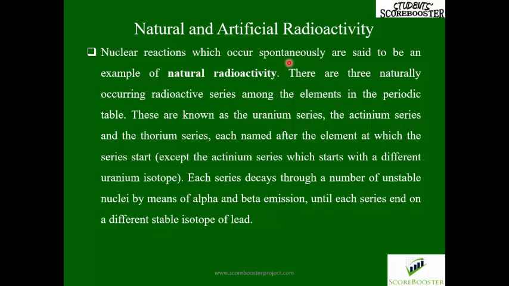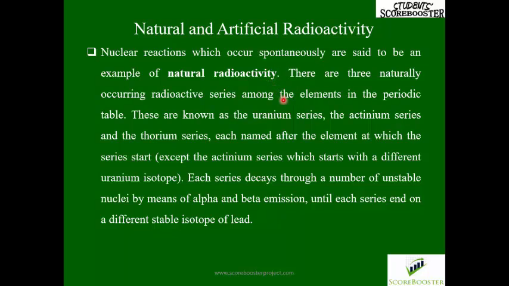In the periodic table that we have studied, there are some series that are naturally radioactive. Don't forget, we discussed that radioactive elements are always heavy, like atomic number 90, atomic number 70, like that.